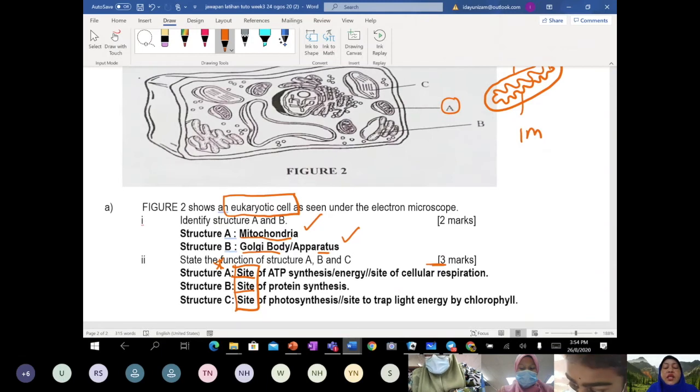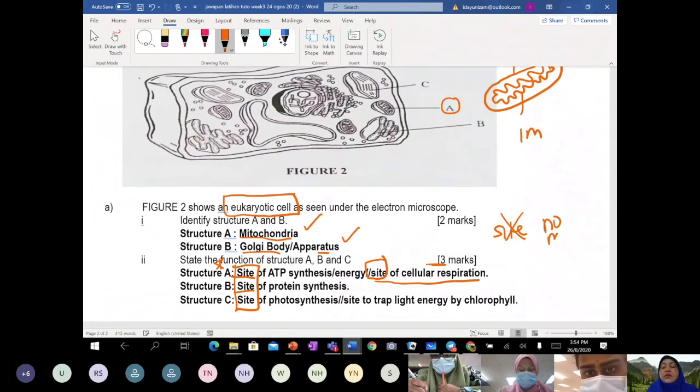So for structure A, you must write down site for ATP synthesis or site for cellular respiration. If you don't write this word site, no marks. So make sure you remember to write down site.